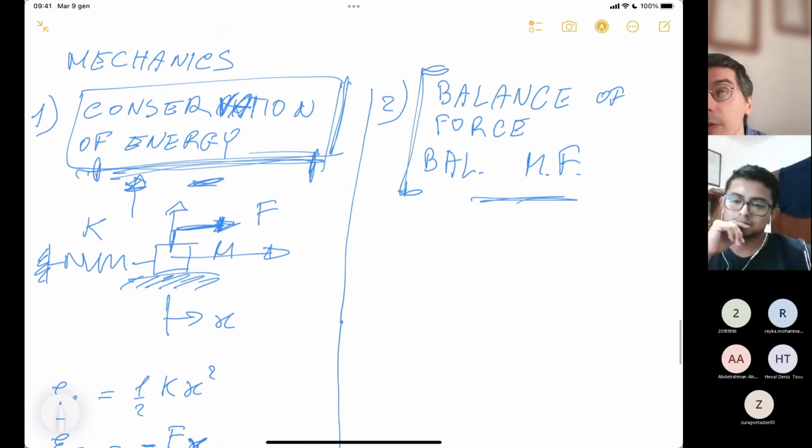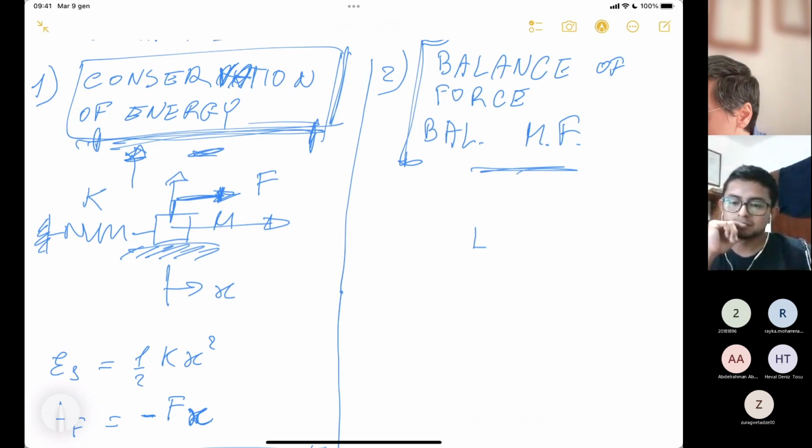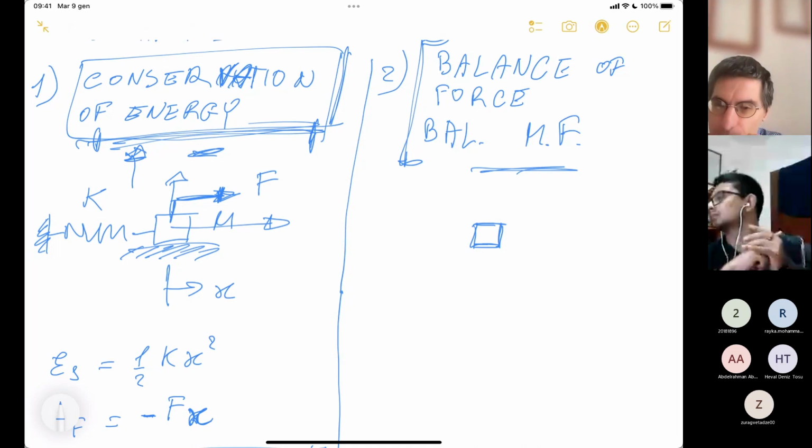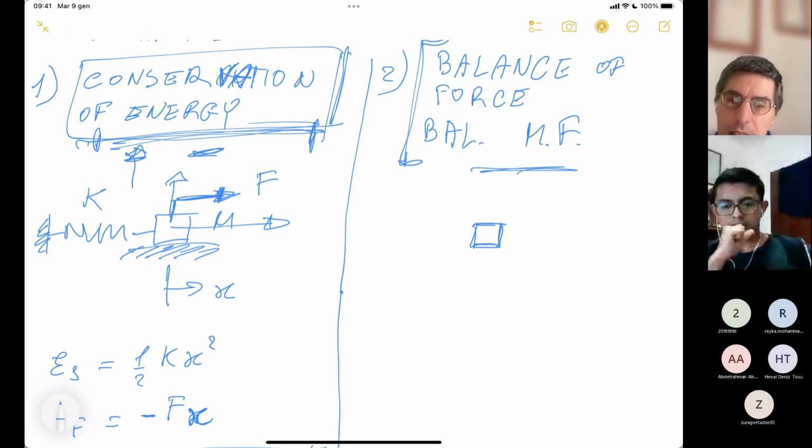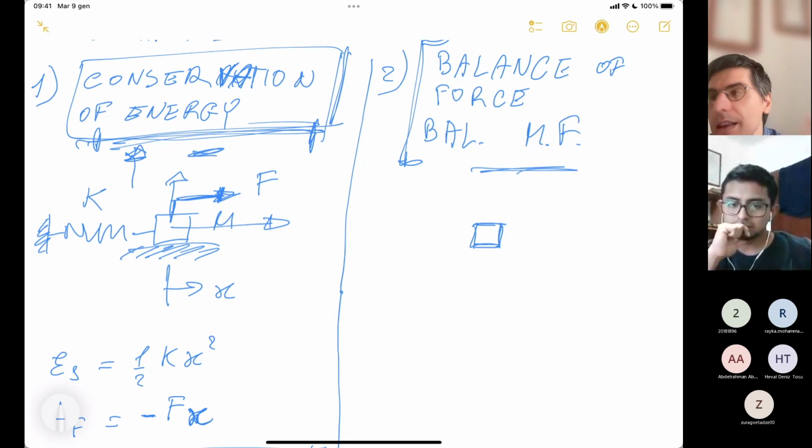Now, for the other possibility that we have, we can say, okay, let's consider what is called a free body diagram. In this case it is a free material particle diagram, because this is just the body that we have to consider, and to consider on this particle the external actions that act on this object.